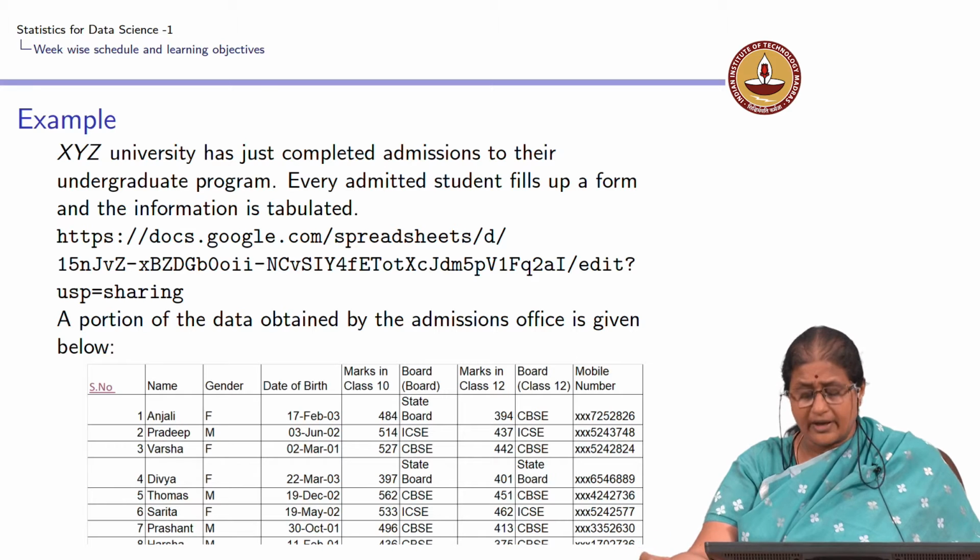I also have mobile number, captured as numbers, but when I talk about the board, I have both the state board and CBSE, ICSE, and date of birth is also given. So, the first thing we notice when we see a data set of this kind is that we do not have one kind of variable. We need to understand what is varying here.